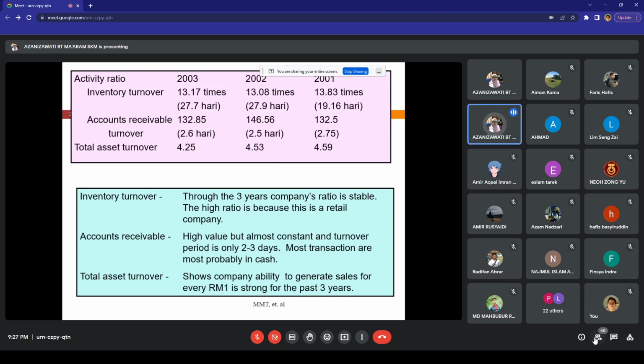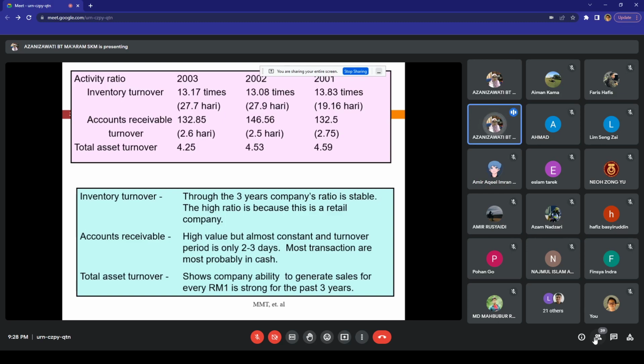So you have to see their ratios as well as the inventory turnover and accounts receivable. Accounts receivable, maybe in terms of cash, there are fewer transactions because our trend during the pandemic was to use a lot of credit or debit cards, especially in 2020.